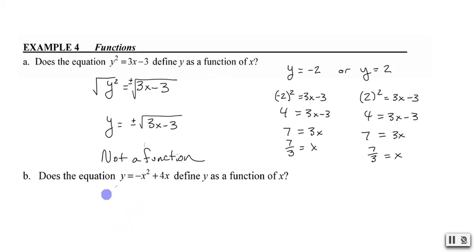This is a function. Y is a single thing of -x squared plus 4x, whereas this one was y is plus or minus. You got two y's for every x that you put in.